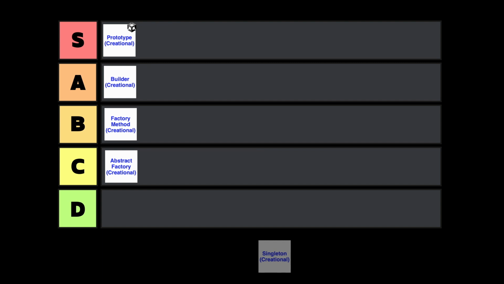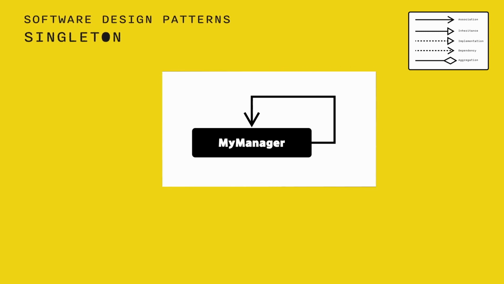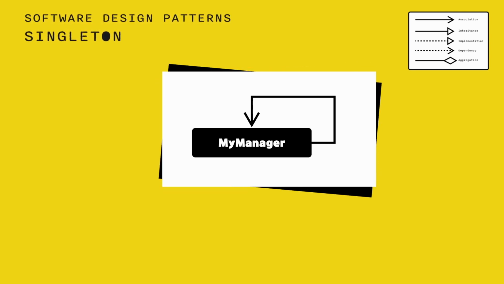And the last pattern for the creational category, the most known, most abused, and probably most hated of all. I'm of course talking about the Singleton design pattern. Every newbie, but also many pros uses it. You can create a game manager, a score manager, or any kind of manager and access it from anywhere you want. I get it, it's really convenient.